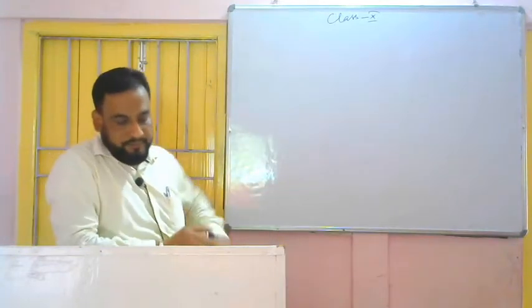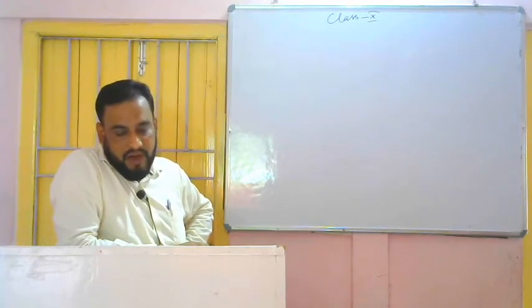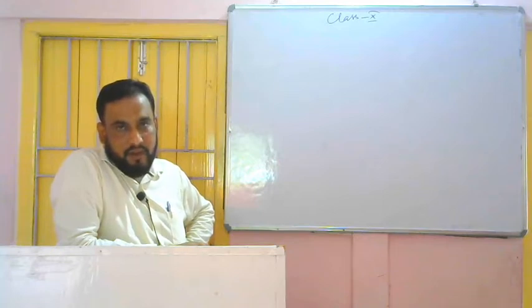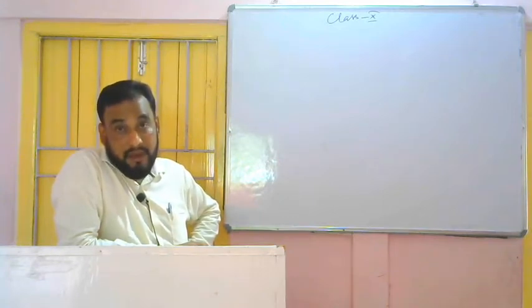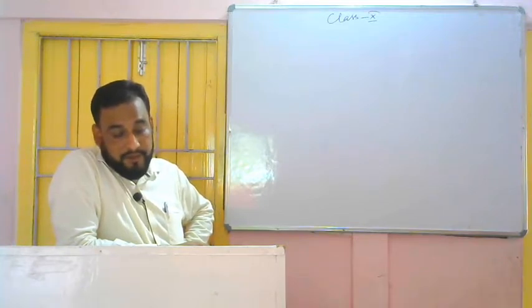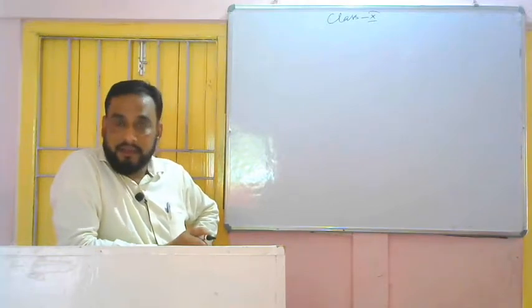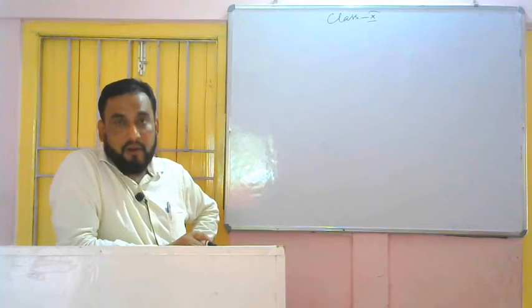Question number 9. If the third term and the ninth term of an AP are 4 and minus 8 respectively, which term of the AP is 0? Here the question is which term, that is, what is to be found out? Which term, that is n, since 0 is given, so we have to find out n.